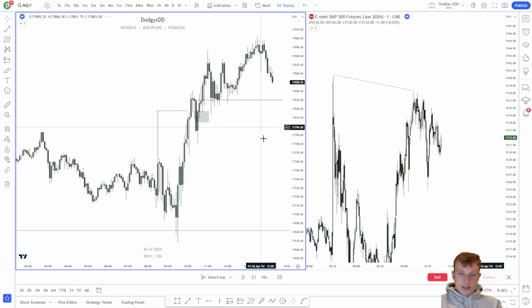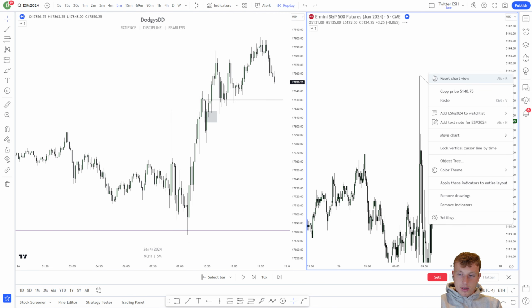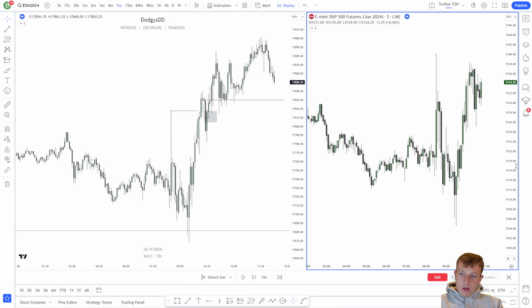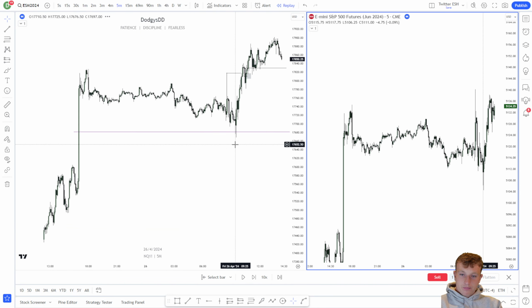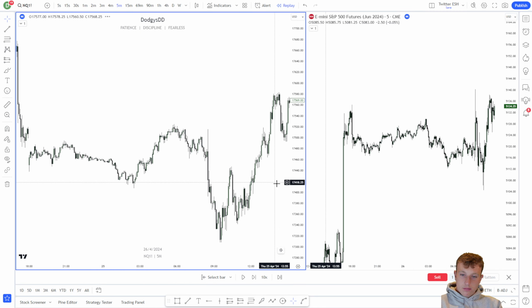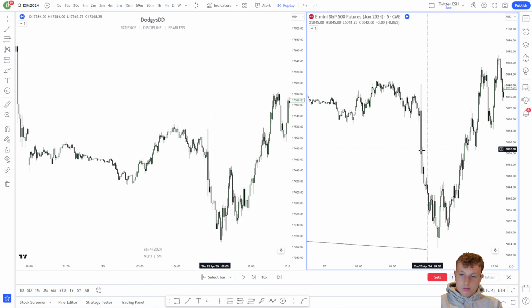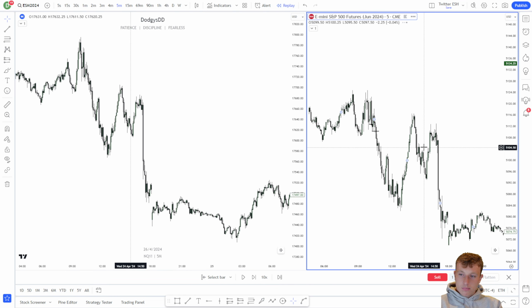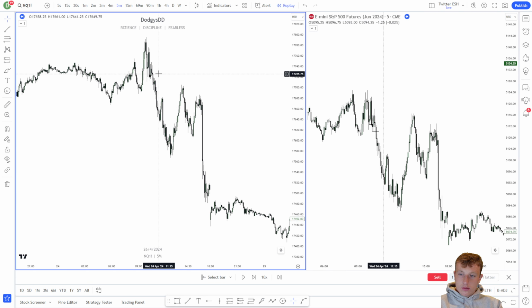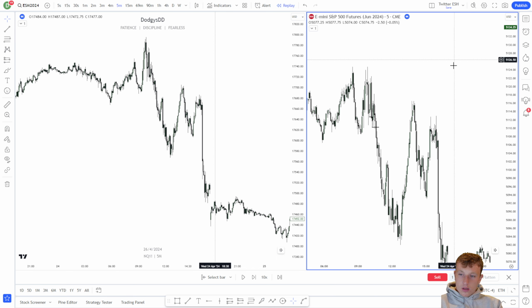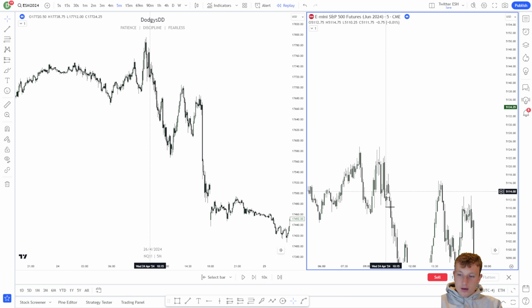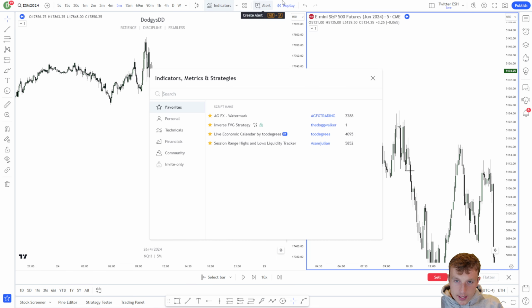So let's see if we can find another SMT here. Let me go to the 5 minute. Okay, here's another SMT. So at the top here, and by the way, you can actually turn on an SMT indicator.